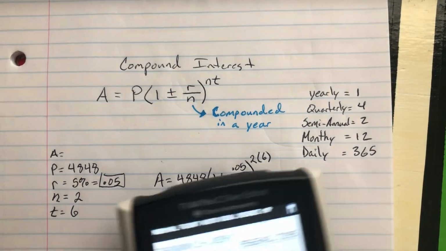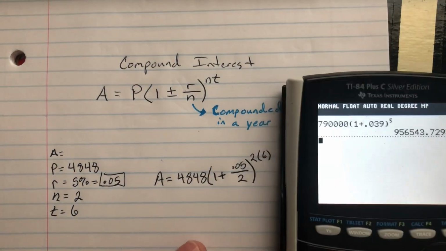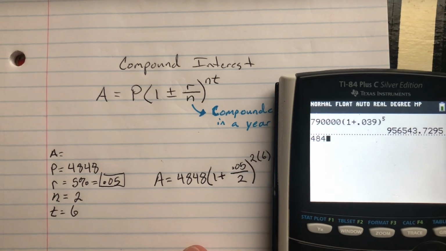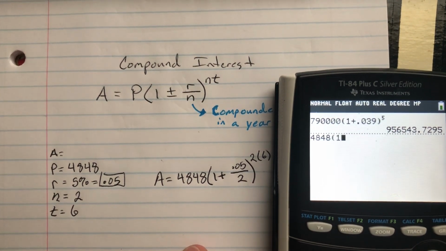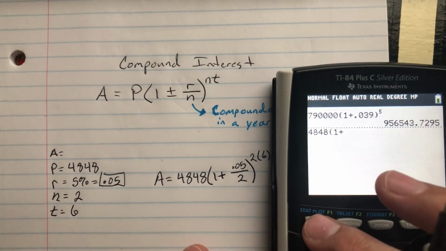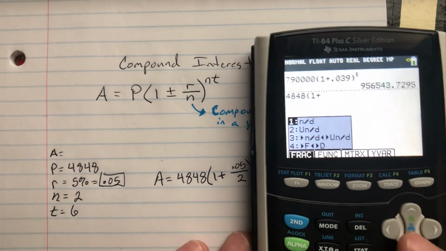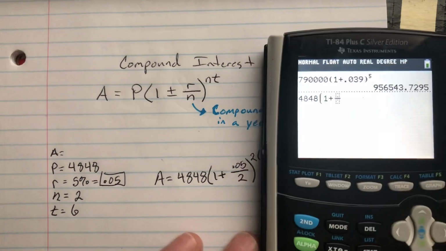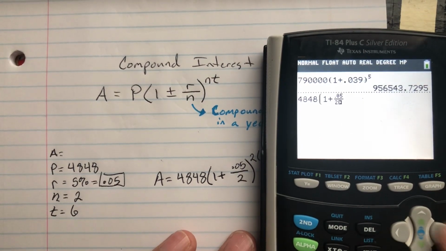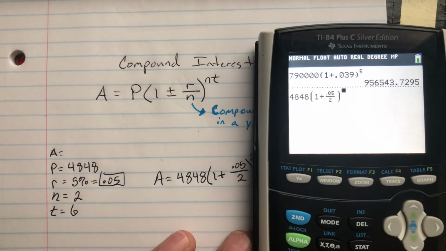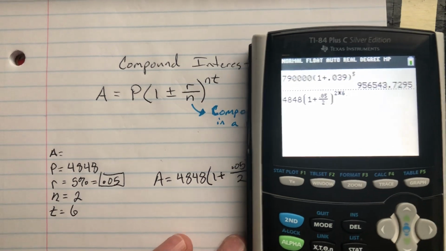And so I take my calculator, I do 4848 times 1 plus, and then to get a fraction bar, I hit alpha, y equals, and then there's my fraction bar, 0.05 over 2, raised to the power of 2 times 6.